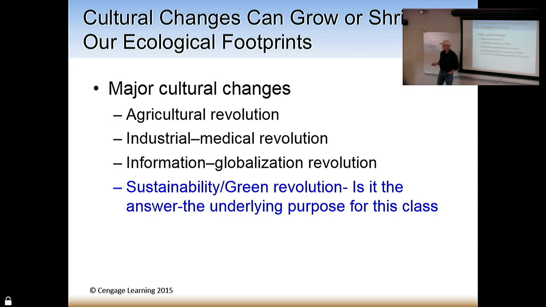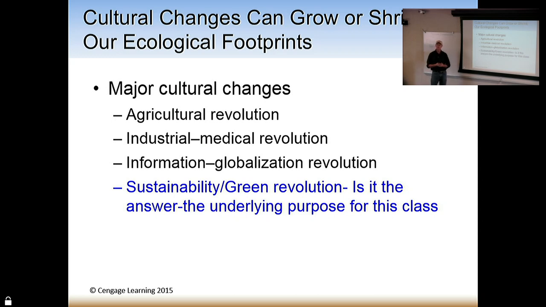So cultural changes can grow or shrink your ecological footprints. There've been several that have contributed to that. First, the agricultural revolution, when we realized we could grow food to where we could have anything we want, any time of the year. The industrial medical revolution made us live longer and want more.